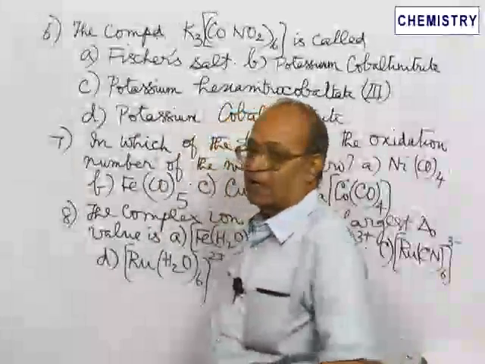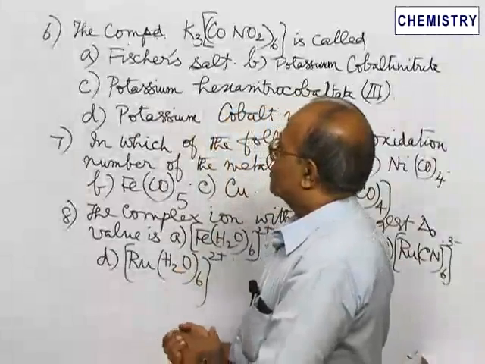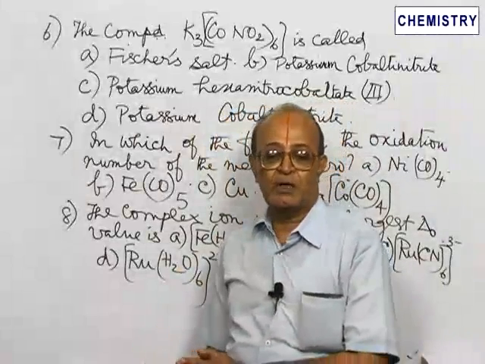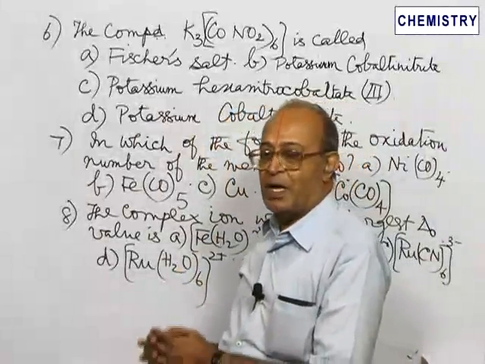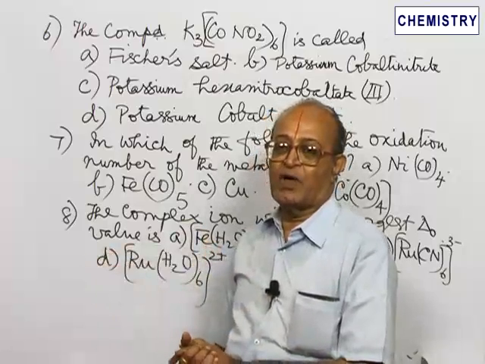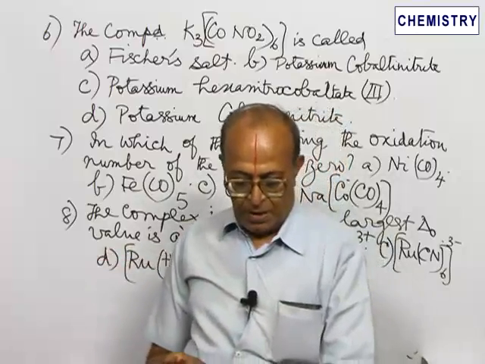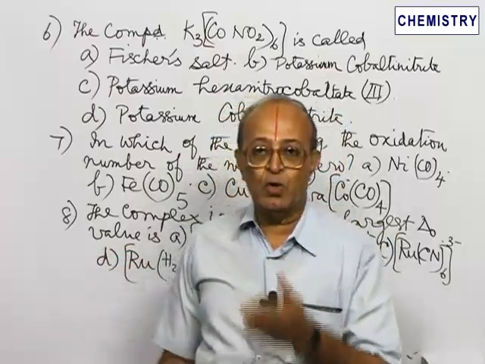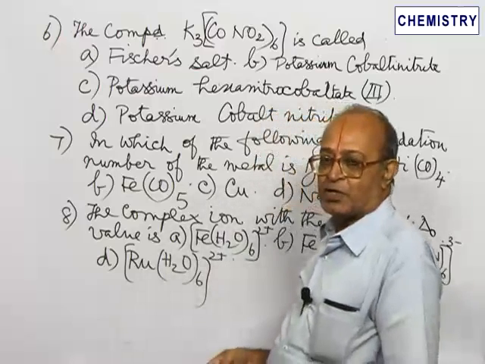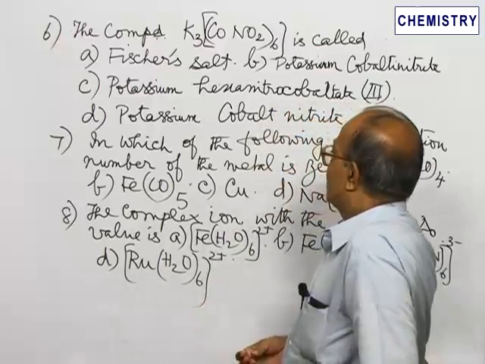Now let us consider some simple questions. Of course, even though these are simple questions, these involve various aspects of coordination chemistry. That is, you should know the rules of nomenclature, how to name these complexes.